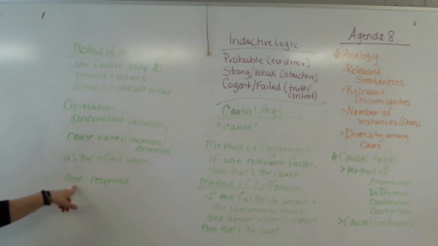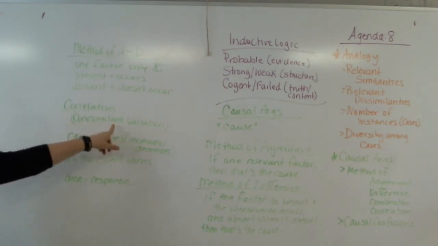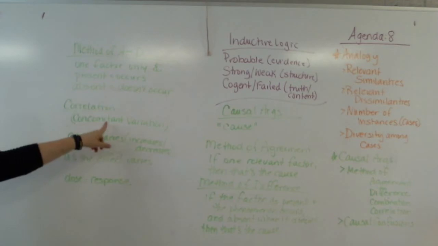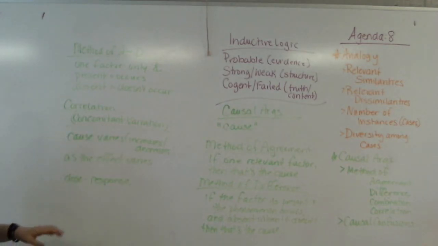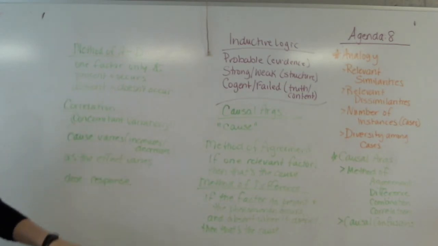So the dose response is a correlation, a concomitant, which just means together with, variation. As one goes up, the other goes up. As one goes down, the other goes down. Cause and effect, dose response.